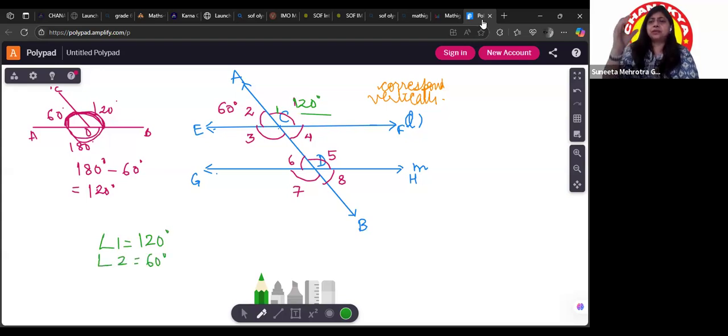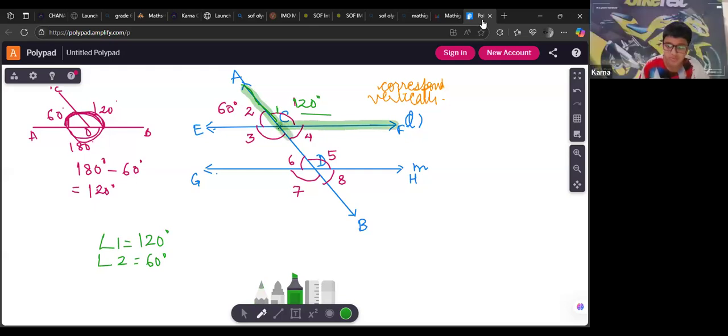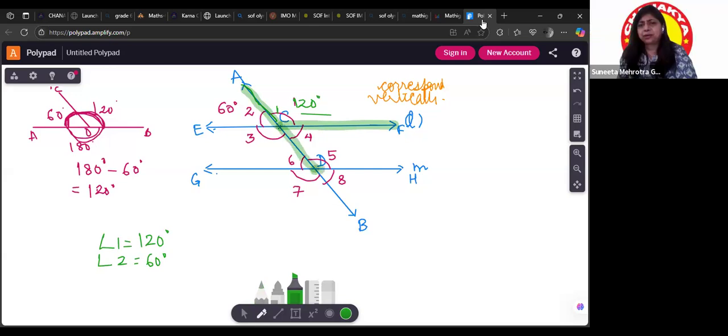Okay. See the placing: the same kind of place here, so I'm highlighting it. This is making some angle, and the same kind of angle I'm making here.